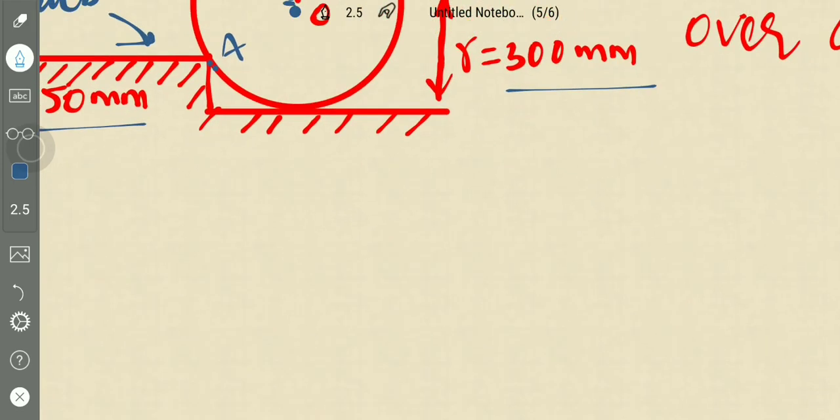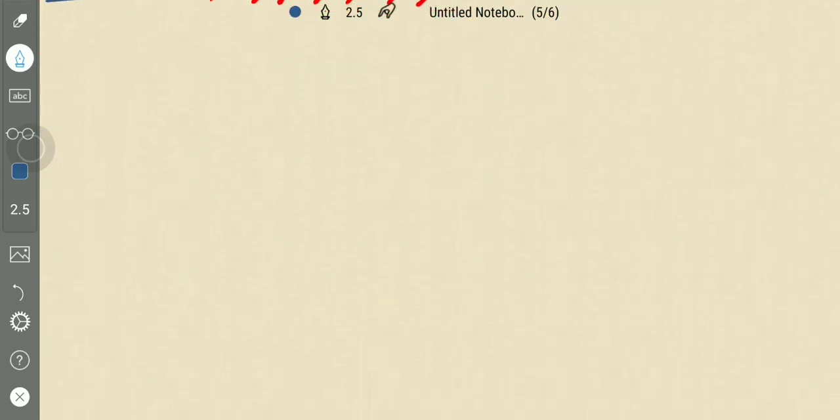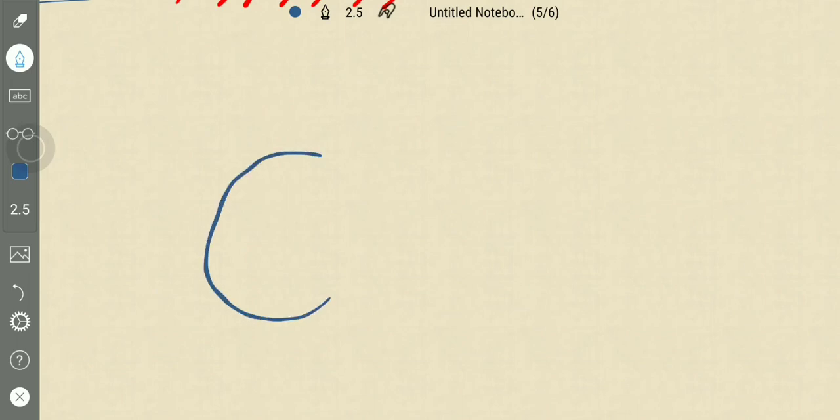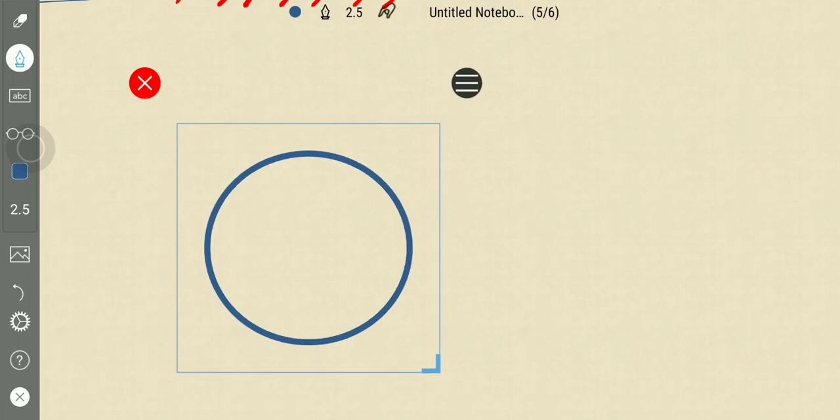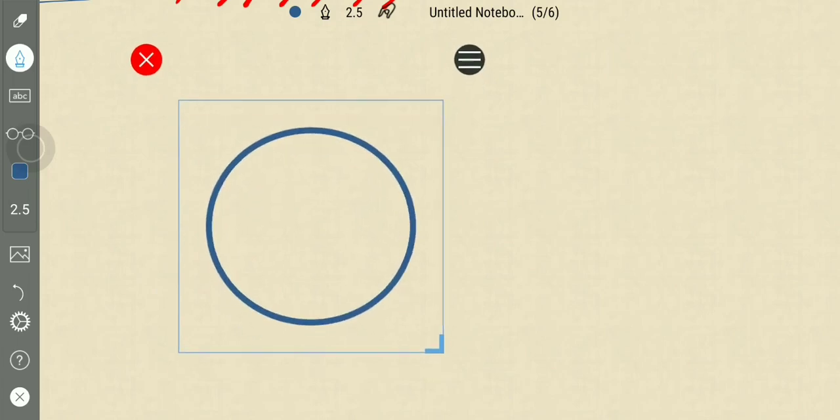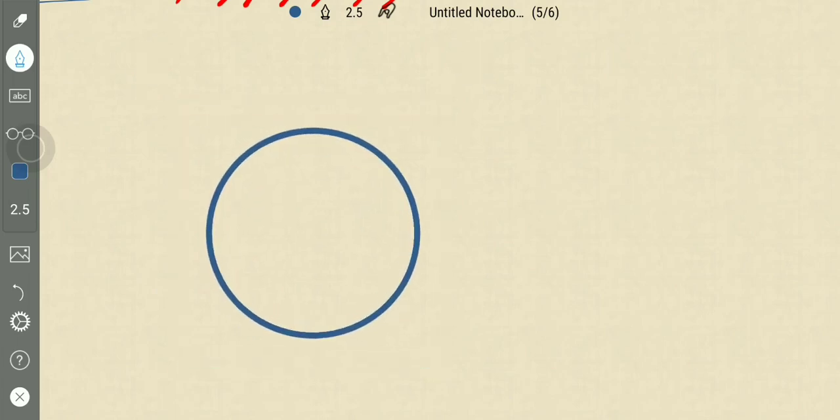By considering this ball, the free body diagram becomes like this. This is the ball. What are the forces acting?